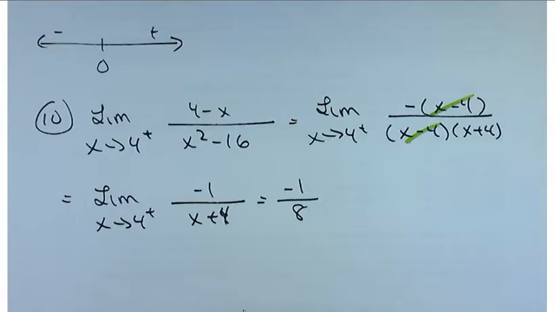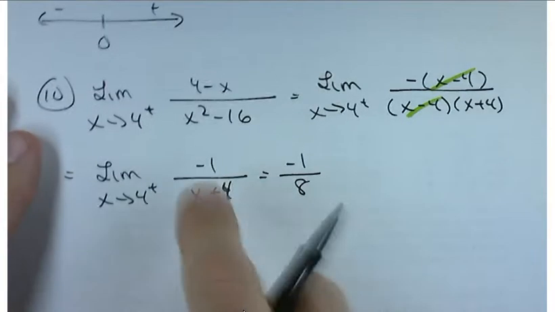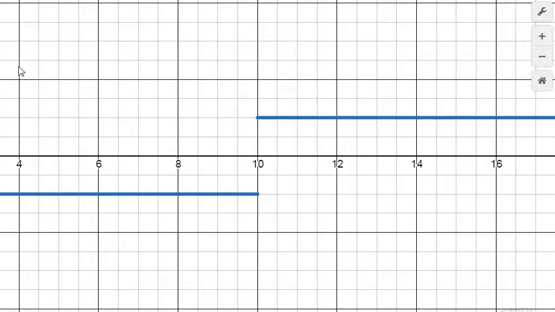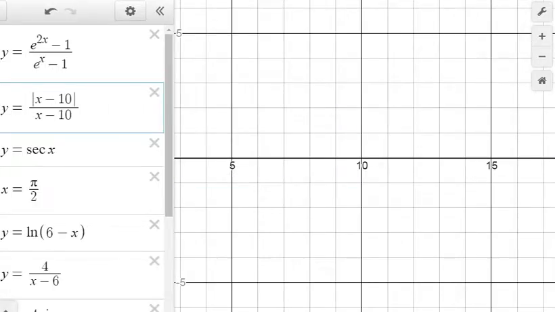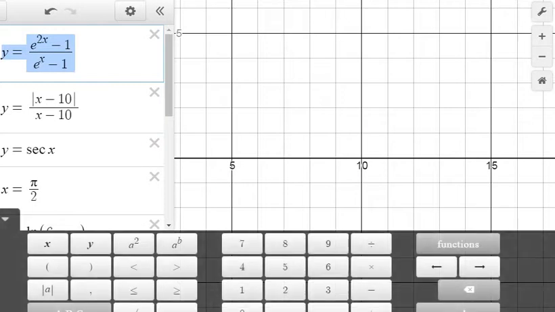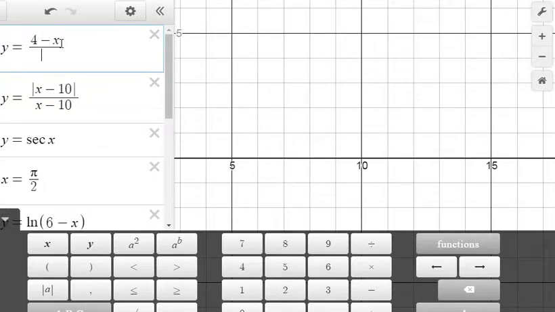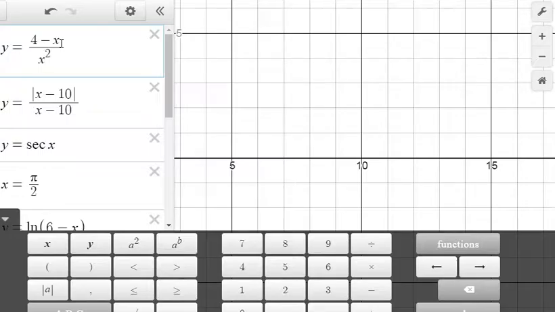Let's look at the graph here, because we actually got a limit out of this and I want you to understand something about the nature of what we're going to see when we graph that. Let's see, do I have that one in here? No, I don't. So let's put it in here. Y equals 4 minus x divided by x squared minus 16.